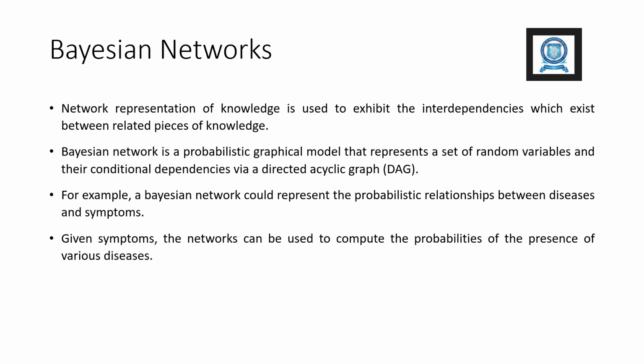A Bayesian network is a probabilistic graphical model that represents a set of random variables and their conditional dependencies via a directed acyclic graph. For example, a Bayesian network could represent the probabilistic relationships between diseases and symptoms. Given symptoms, the network can be used to compute the probabilities of the presence of various diseases.